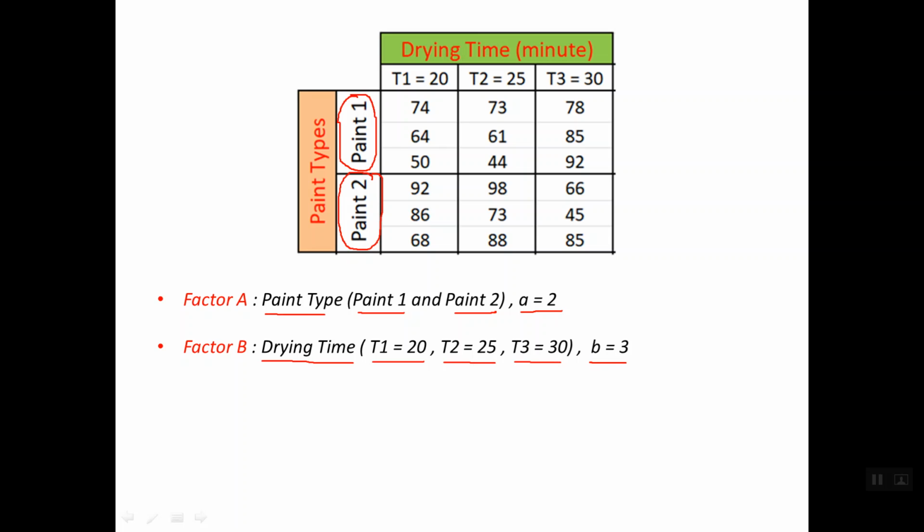So the value of B, which is the number of levels for the second factor, is equal to 3. So this is B1. B1 is the drying time, 20 minutes, and B2 is 25 minutes, and B3 is the 30 minutes drying time.